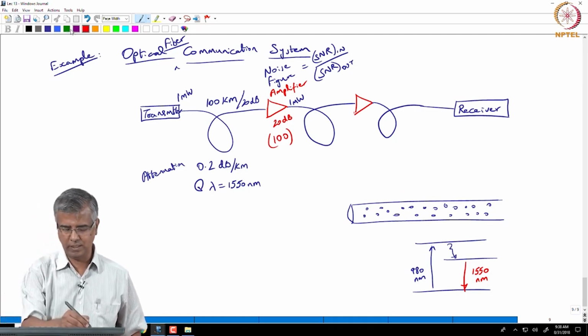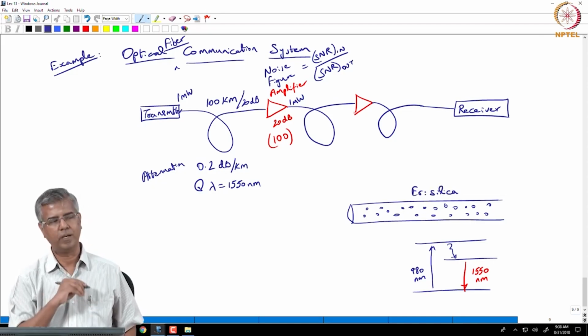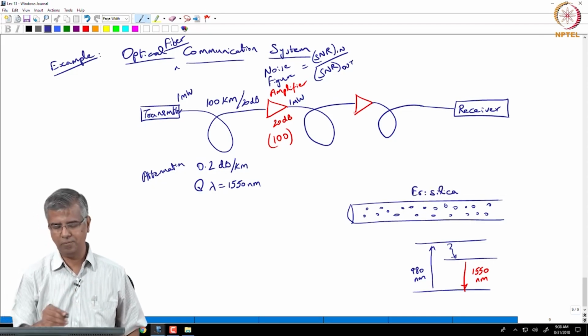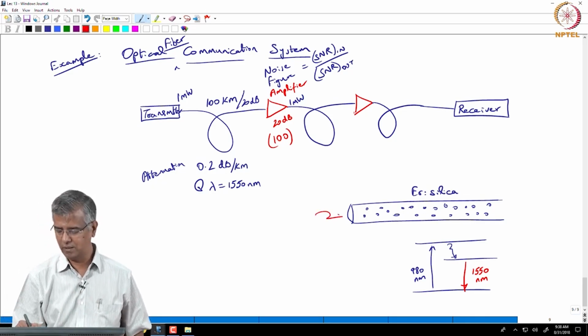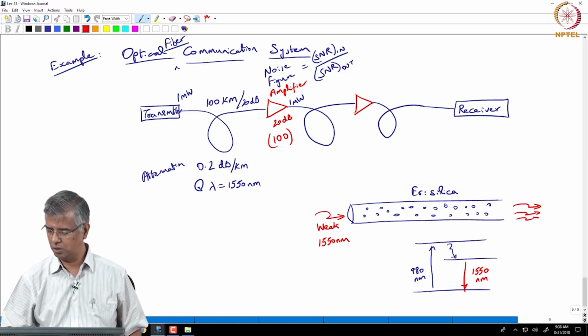So this is basically an erbium doped silica optical fiber, and then he found that if you couple a weak radiation at 1550 nanometer, you can go out with strong radiation or many more number of photons.